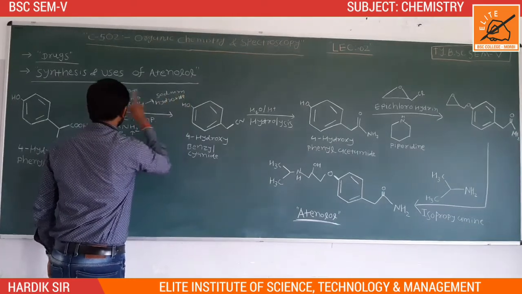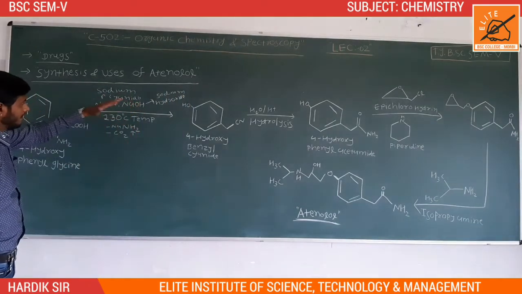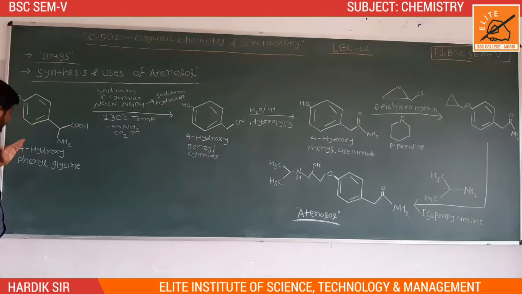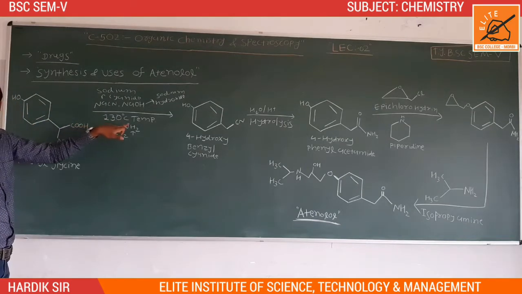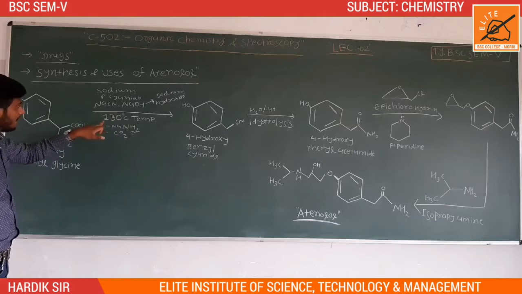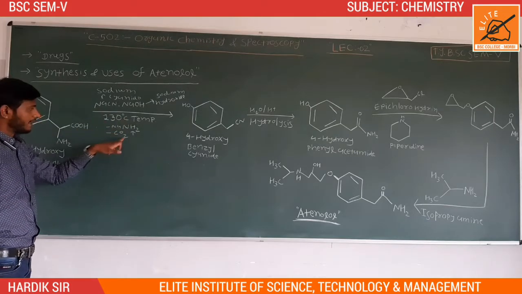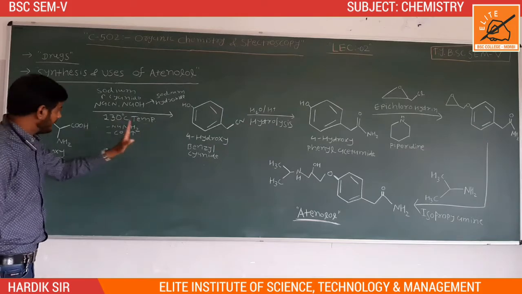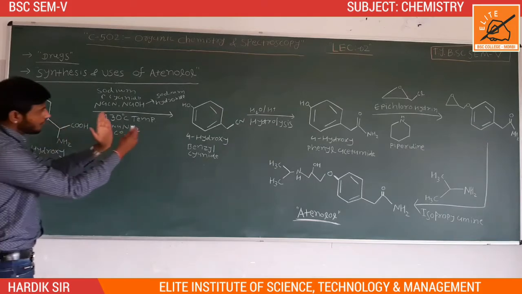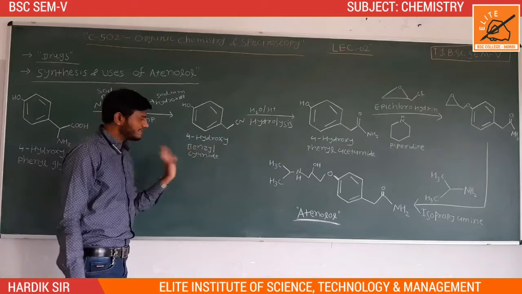This is the sodium hydroxide and this is the sodium cyanide. It reacts with the 4-hydroxyphenyl glycine at 130 degrees Celsius, removing sodium amide and carbon dioxide gas, to produce 4-hydroxybenzyl cyanide.